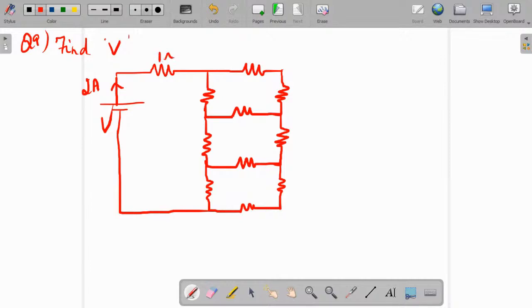This is 1 ohm, 2 ohms, 1 ohm, 1 ohm, and this is 0.5 ohm. Again this is 1 ohm, 1 ohm, 3 ohm, 1 ohm, 1 ohm and 0.5 ohm. Okay, I have to find what is V.